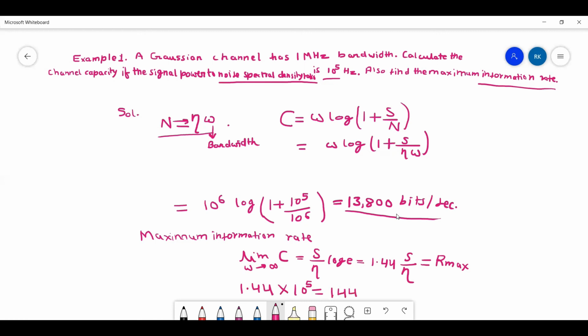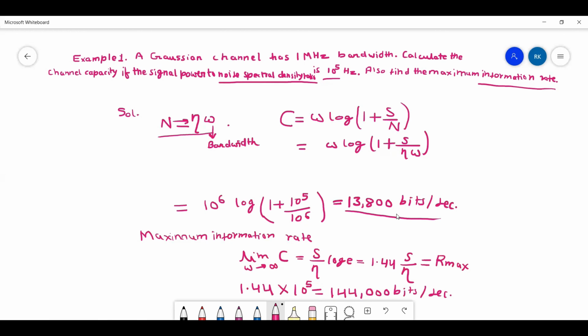So let's multiply it and we will get 144,000 bits per second.